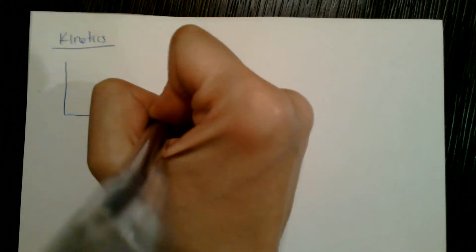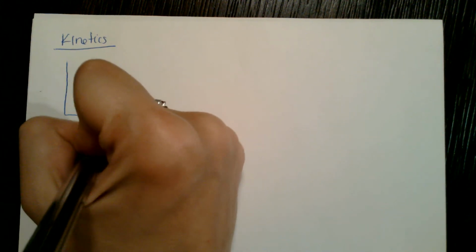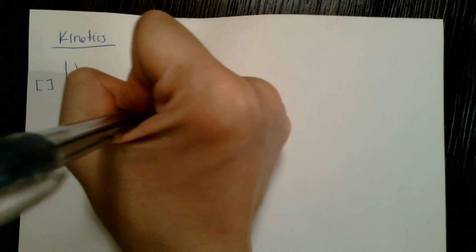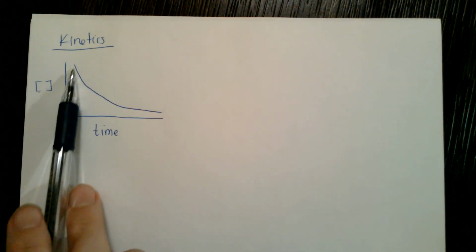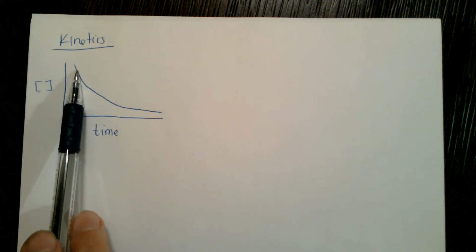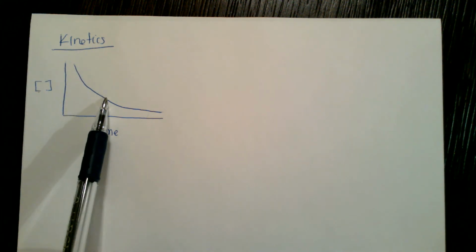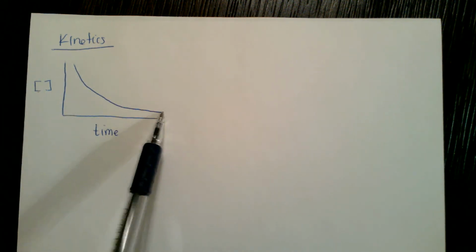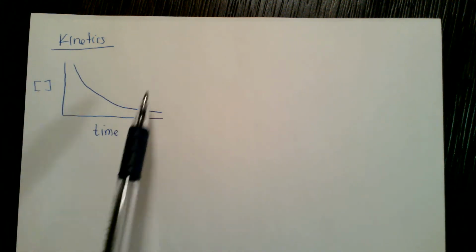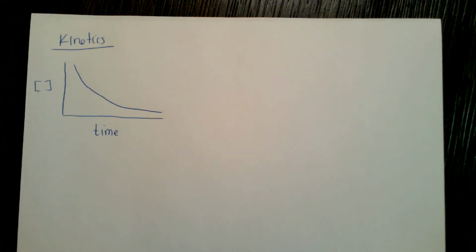When we look at a reaction over time, as time passes and we look at the concentration in whatever units we're using, in most reactions we see a decrease in concentration over time. So as a reaction proceeds, the concentration decreases over time. It decreases really rapidly at first and slowly at the end.